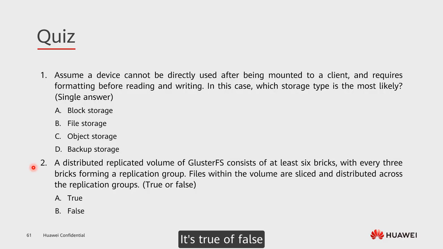True or false? Obviously, a distributed replicated volume needs 4 bricks, and a distributed dispersed volume needs 6 bricks. So the answer to the second question is false.